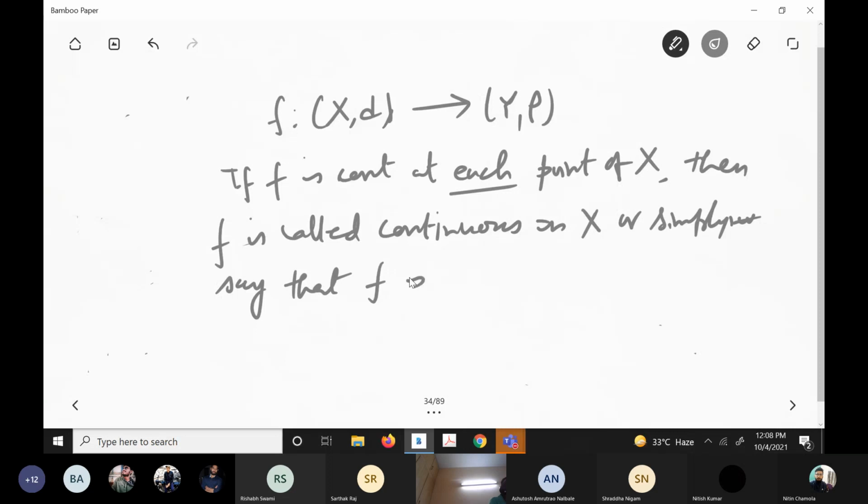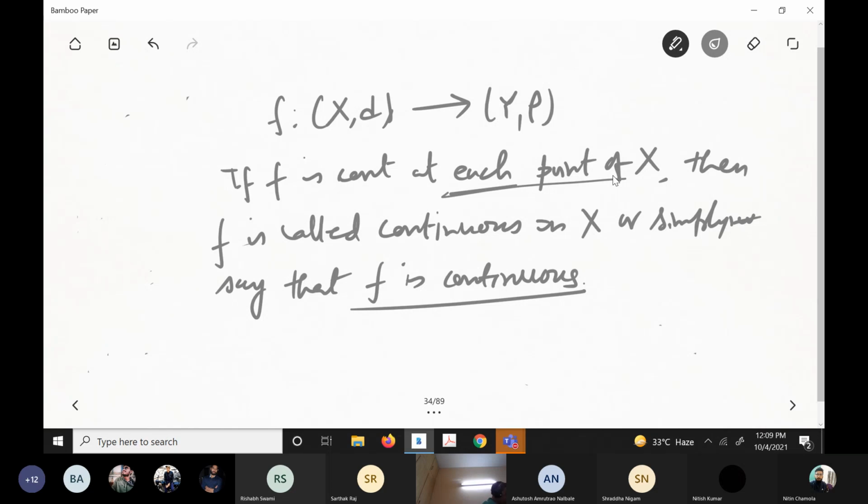Look here, the terminology f is continuous means f is continuous on whole X, that means at each point of X. Otherwise, if you have continuity at some point, then you have to say that f is continuous at x.